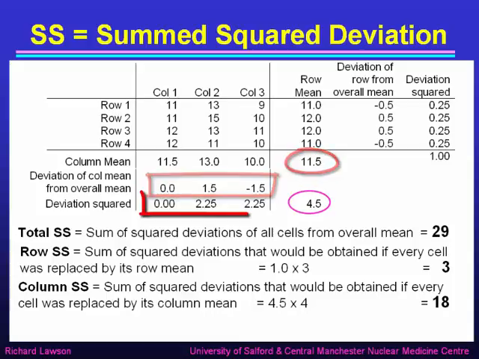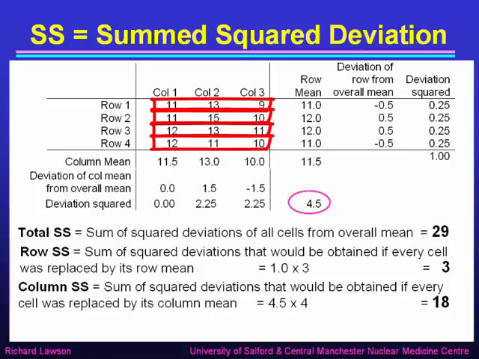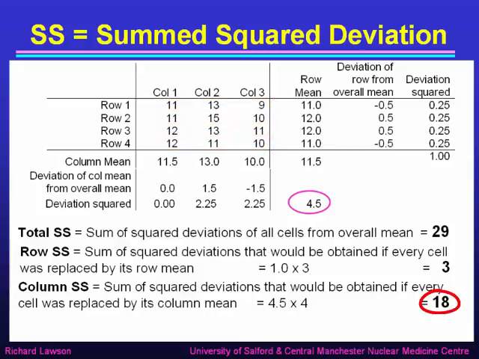So when we square those deviations, we'd get 0, 2.25 and 2.25. And if we add those up, that's a total of 4.5. Now, if we replace the first row with that, and the second, and the third, and the fourth, we'd obviously get a total 4 times that. 4.5 times 4 is 18, so that's the column sum of squares.